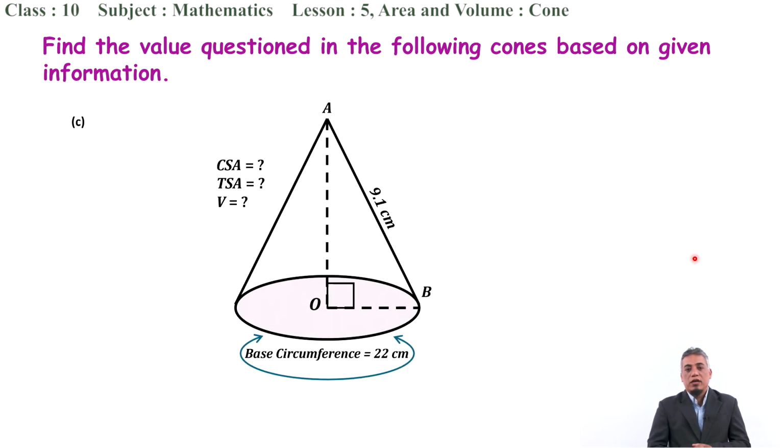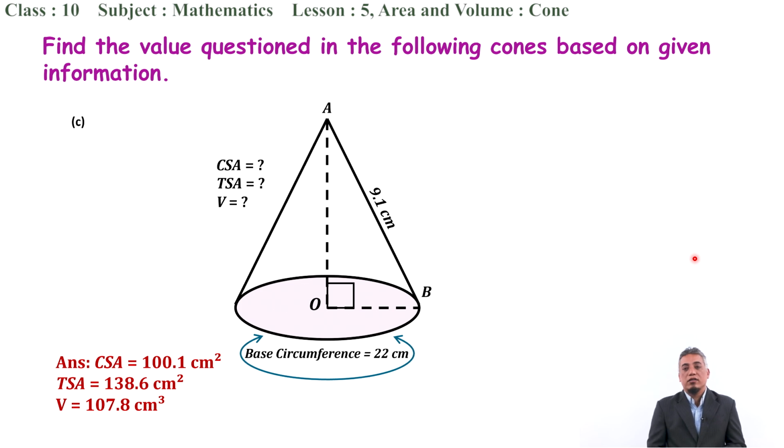This is the third. Here base circumference is given and slant height is given. On this condition you have to find CSA, TSA and V. So this is the answer, check your answer here.